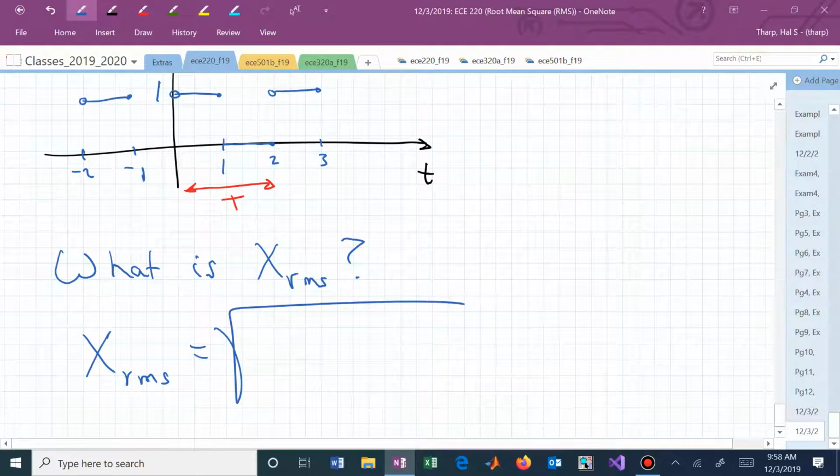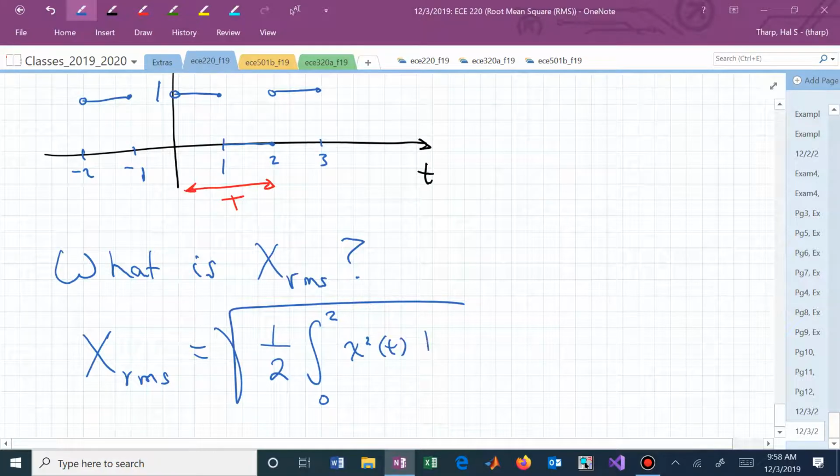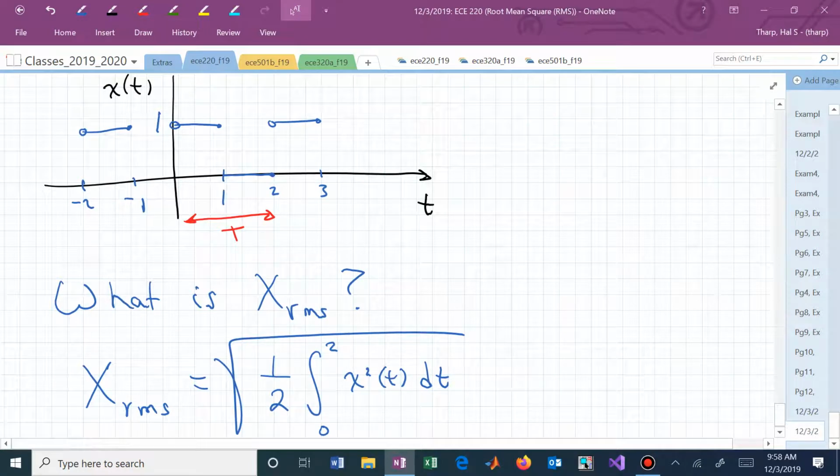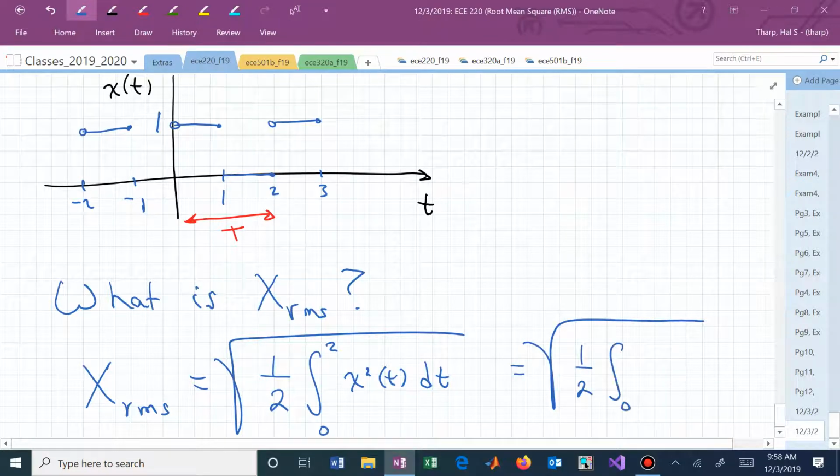We now take the square root of the mean, so we're dividing by the length of time. We're integrating from 0 to 2 over 1 period of x squared. But now we have to remember that x has a functional shape. It's only 1 over half of that time interval. So when we do the integration on the non-zero part of x, we want to just integrate when it's non-zero, from 0 to 1.